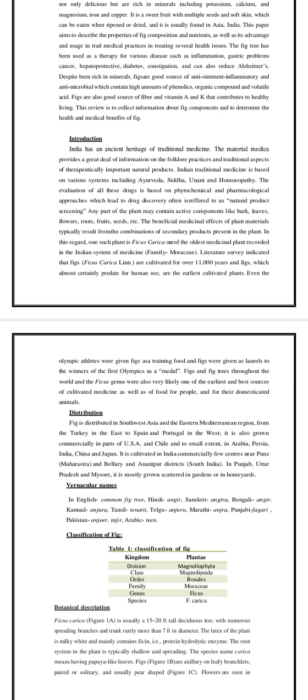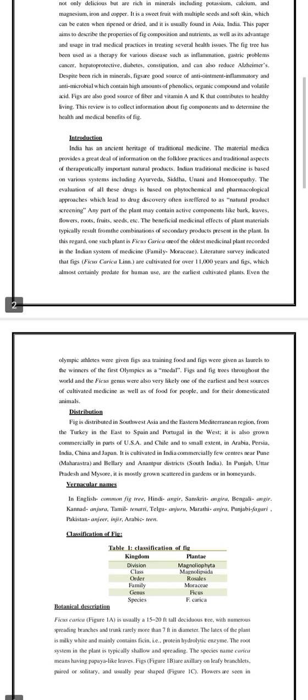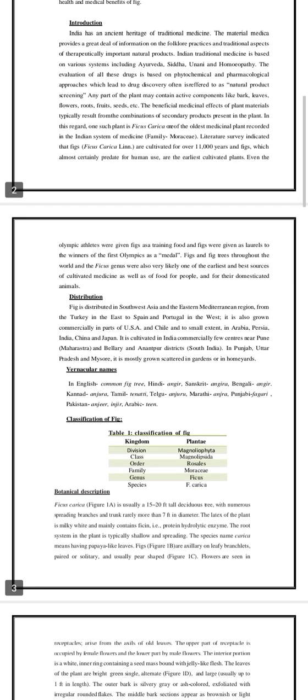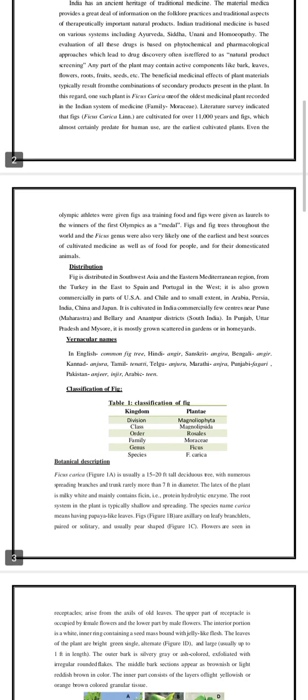Even Olympic athletes were given figs as a training food, and figs were given as laurels to the winners of the first Olympics as a medal. This shows the importance of the fig. Figs and fig trees throughout the world and the Ficus genus were also very likely one of the earliest and best sources of cultivated medicine as well as food for people and for domesticated animals.